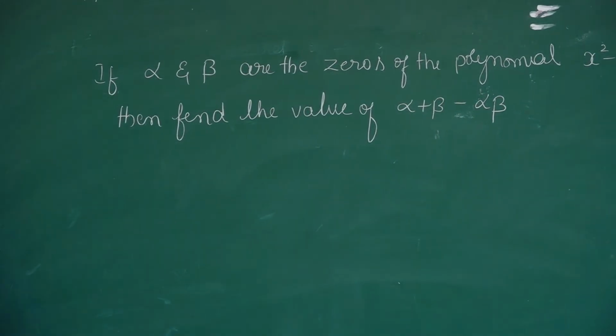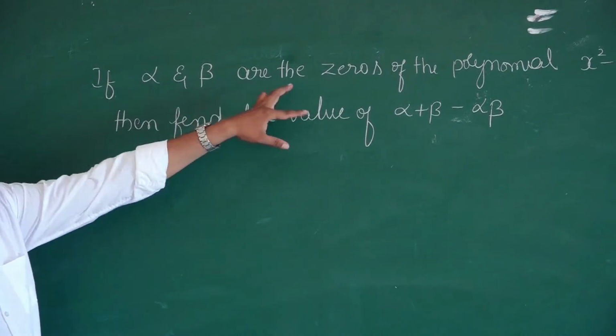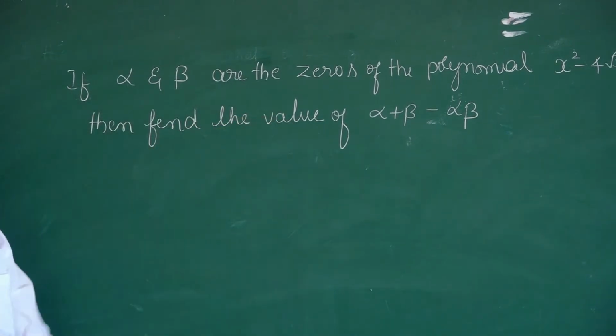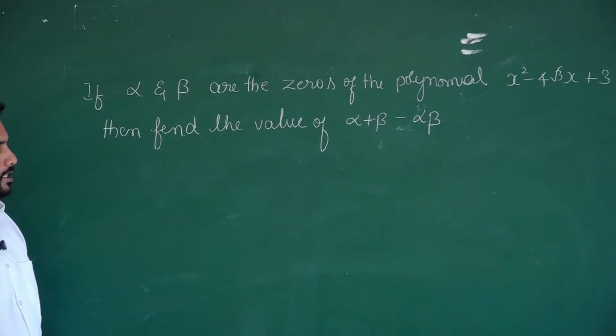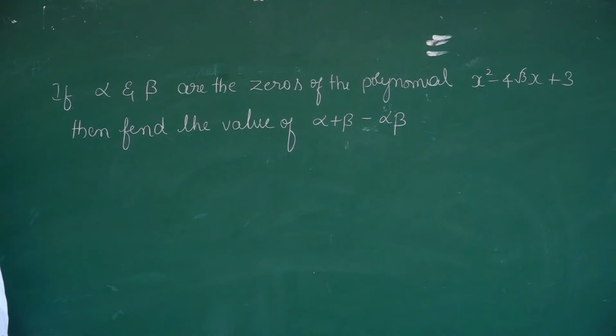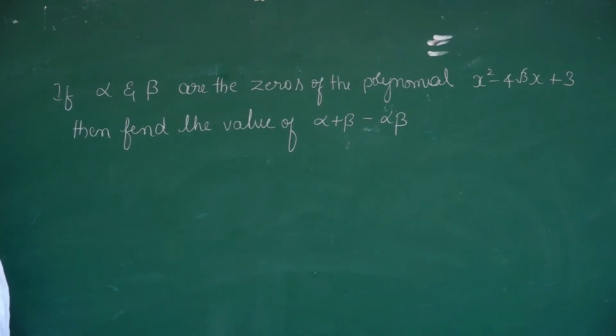Okay, so this type of question they will ask. So if alpha beta are the zeros of the polynomial x square minus 4 root 3 x plus 3, then find the value of alpha plus beta minus alpha beta.